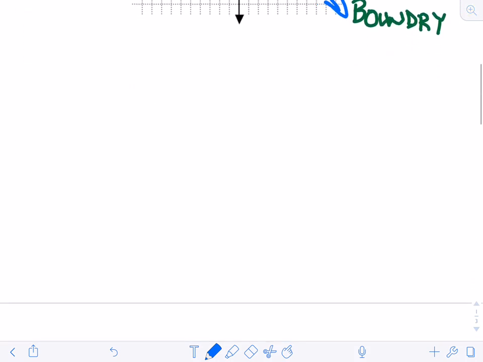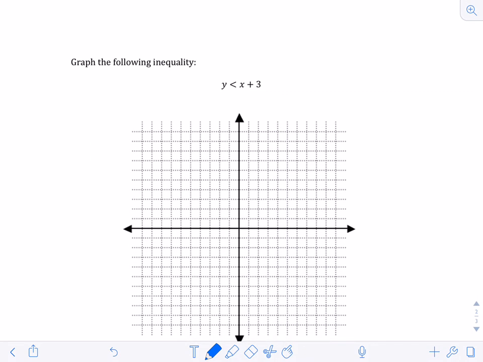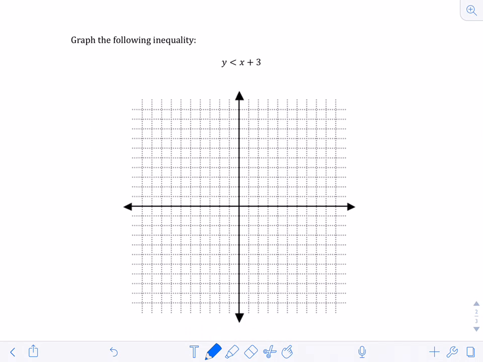Let's take a look at another example. Let's look at the inequality y is less than x plus 3. Now this looks a lot like slope-intercept form of a line. So we don't have to find our x and y-intercepts. Our y-intercept is given to us at 3, so let's plot that point. And let's use our slope of 1 to draw our line.